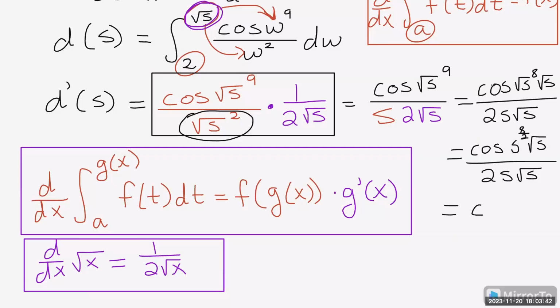So we finally end up with cosine of, I'm going to put parentheses here, cosine of s to the 4th, root s over 2s root s. So that's a little bit more simplifying you can do, but really no need. You can enter it the way I boxed it, and you'll probably be fine.